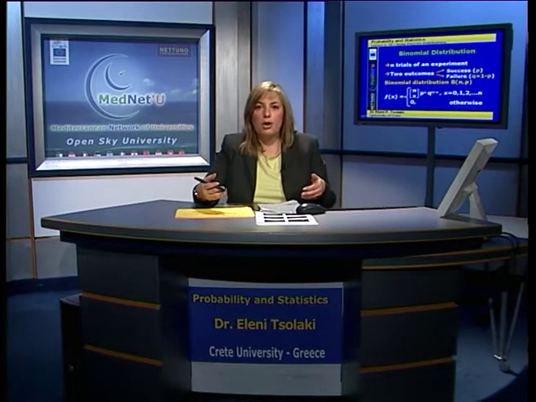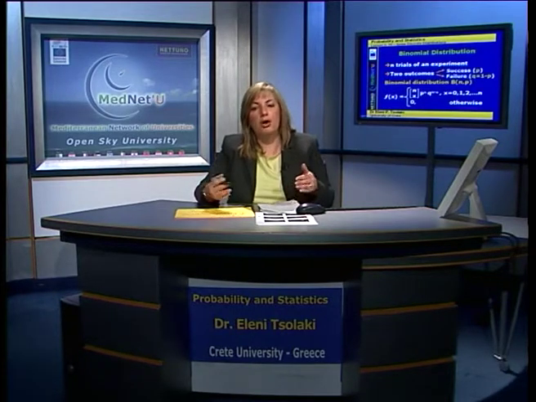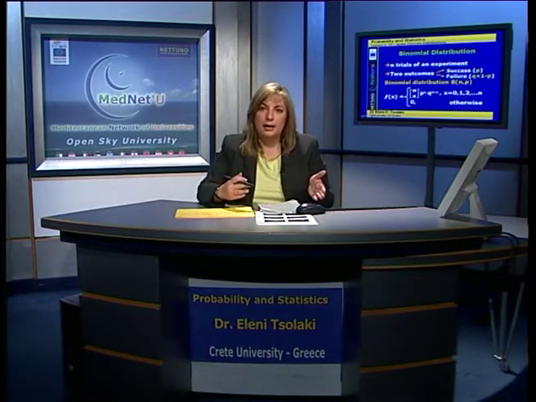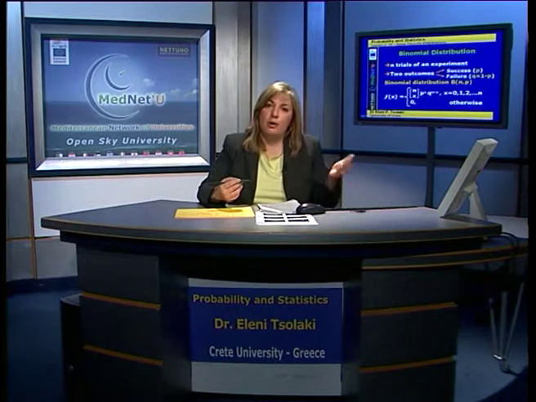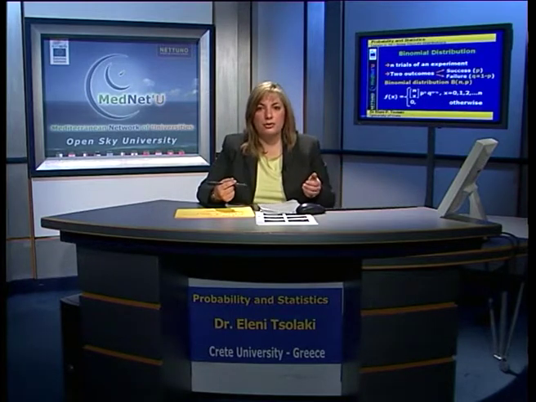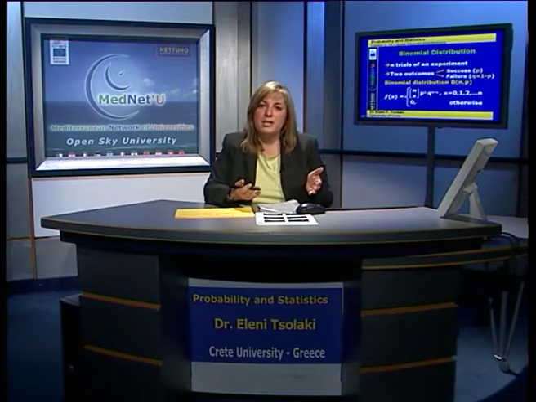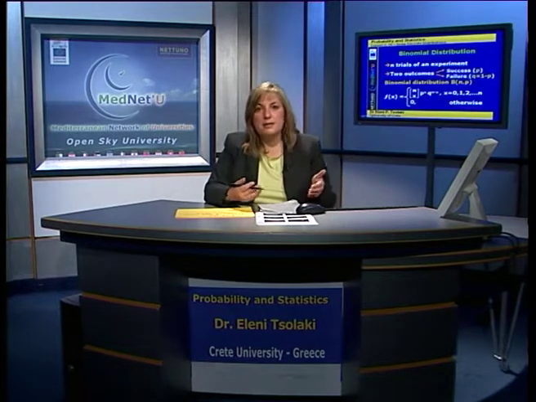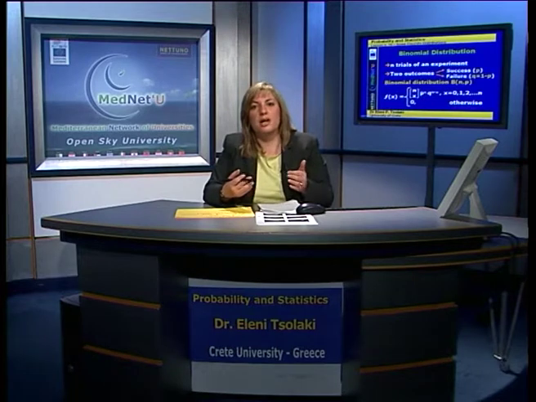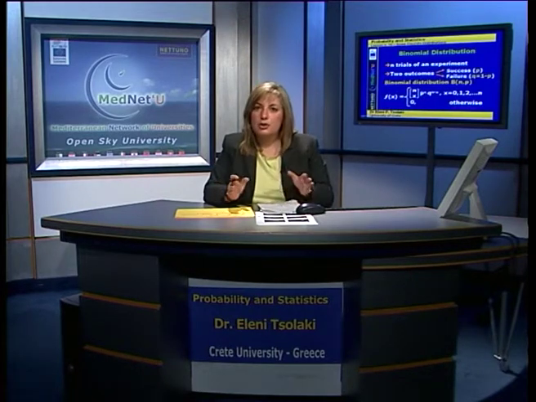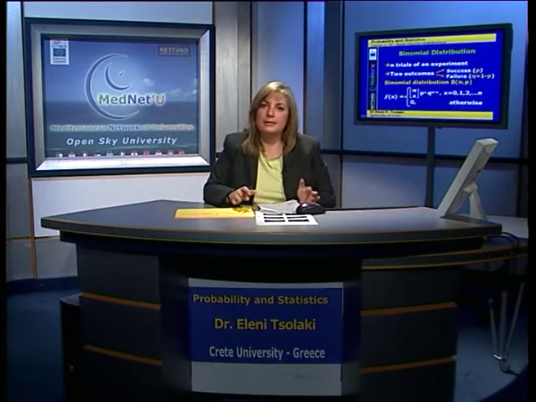It's because every time we toss a coin, the probability of a head or a tail doesn't depend on what we have observed on our previous toss. So if we have observed a head, it doesn't mean that next time we are more probably going to observe a head or a tail. So we have independent trials.